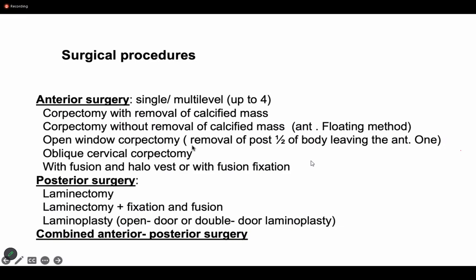Open window corpectomy is one of the techniques. Oblique cervical corpectomy with fusion and hollow vest, or with fusion fixation. For posterior surgeries, everyone knows two basic techniques: laminectomy, fixation and fusion, and laminoplasty with some sub-techniques, for example, open door, double door, and laminectomy, and combined anterior posterior. Some cases are not common.